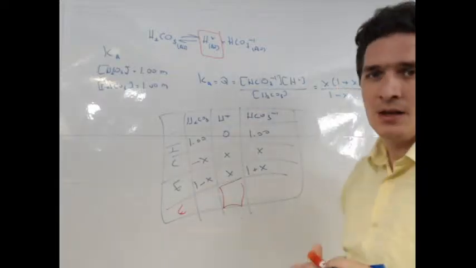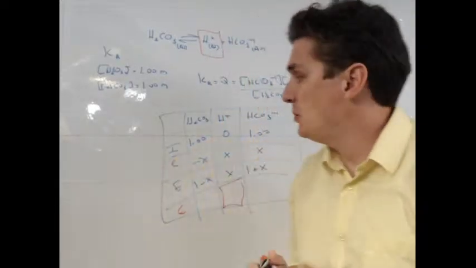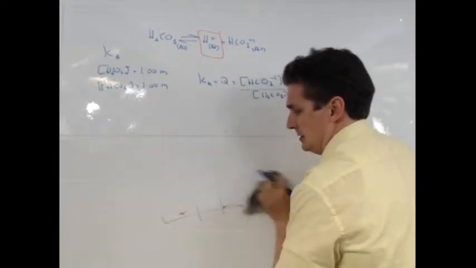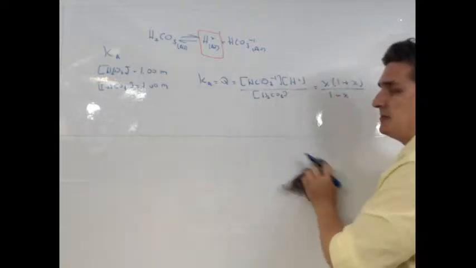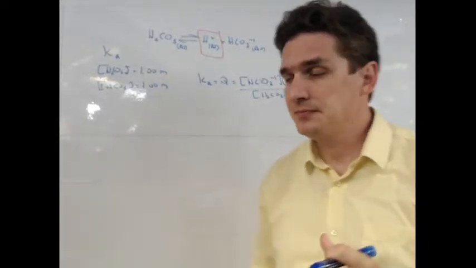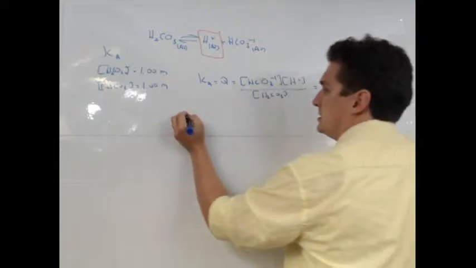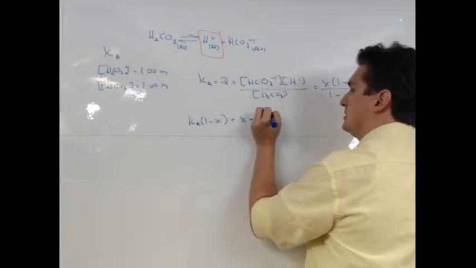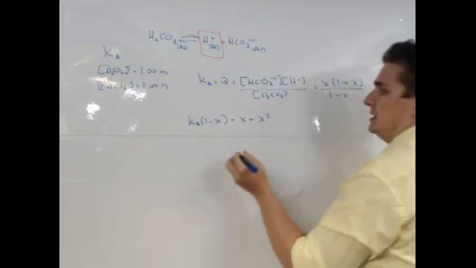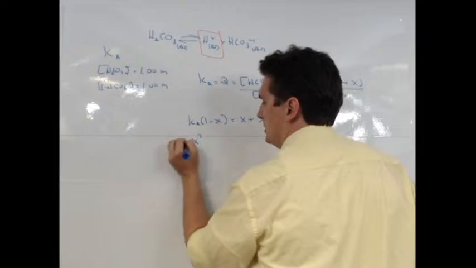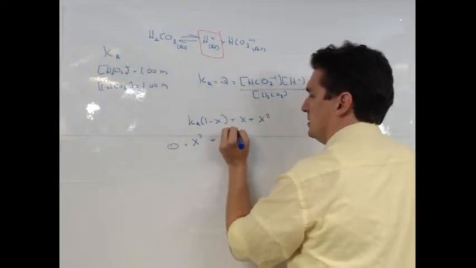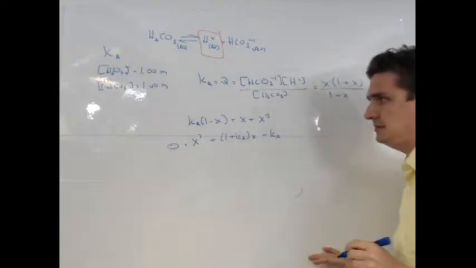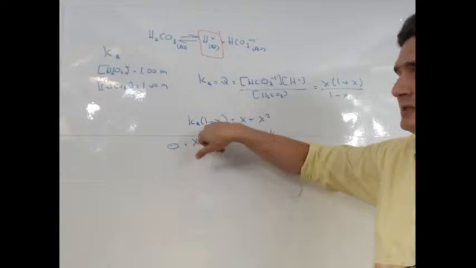What we do with the Ka at this point, I'm going to have to erase the IC table just because I don't have space on this board, is we treat it as a variable in our quadratic equation until we're ready to solve. So if you rearrange this, we get Ka times 1 minus x equals x plus x squared. If we distribute the Ka over and rearrange, we get 0 equals x squared plus 1 plus Ka x minus Ka. So this is just algebraic rearrangement of this equation.